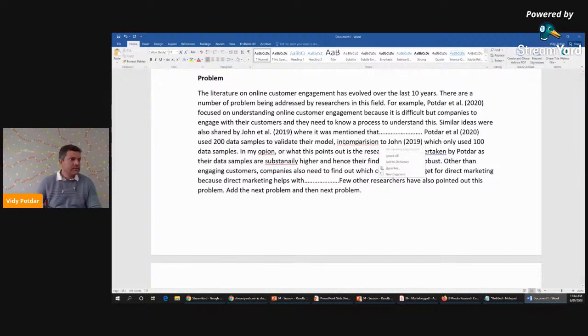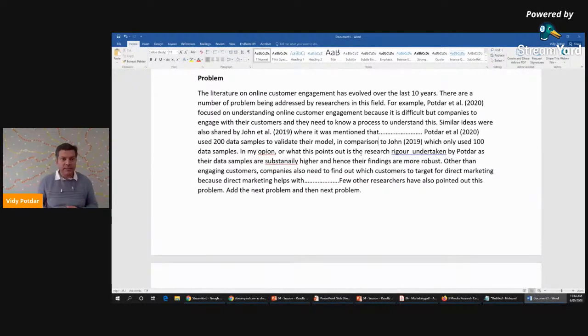Okay, so some things like that help you to relate and connect different studies to synthesize a very readable story.